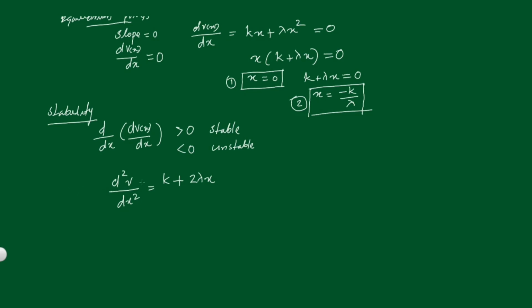So now we have to find d square V by dx square at the equilibrium points.